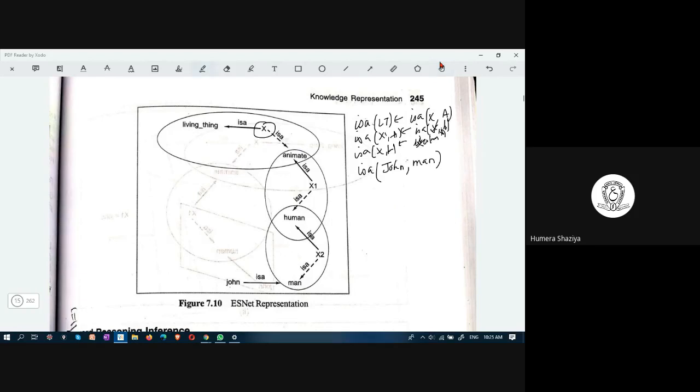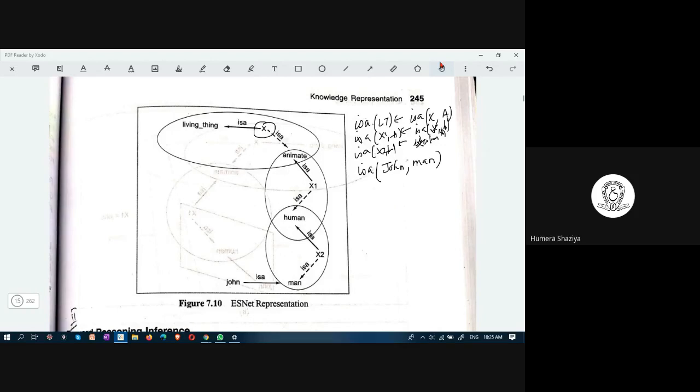And in the third clause, X2, it is renamed for the purpose of ESNet. X2 is a man, X2 is a human. This is another clause. So three clauses. And finally, we have the last statement.